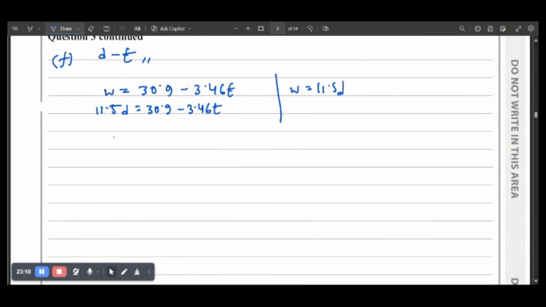Now, if we make D the subject of the formula, we have to divide every coefficient by 11.5. This will give us 26.9 minus 0.301 T. This is our answer.